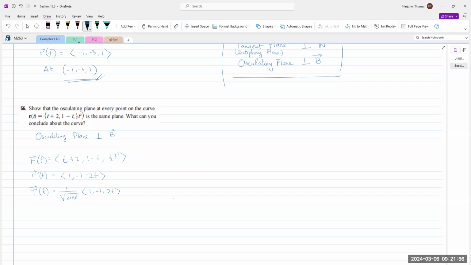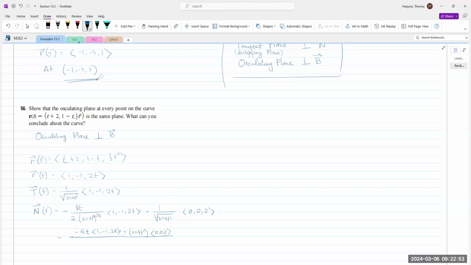Now then, how about the unit normal vector? The unit normal vector will be negative 8t over 2 times (2 plus 4t squared) to the power of 3/2, (1, -1, 2t), plus (0, 0, 2), which if I put things together, I will get negative 4t (1, -1, 2t) plus (2 plus 4t squared)(0, 0, 2).